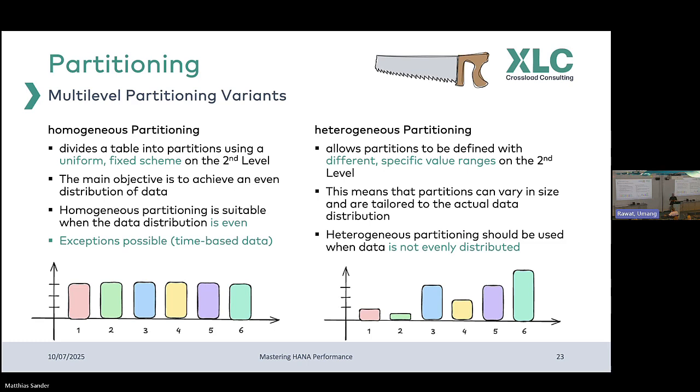For example, do I have to create new partitions at the end of a year? Can I use the dynamic range function so that the HANA database will create the new partitions automatically? So I have to know my data and I have to think about my concept. For me, it is way more complex at the end.